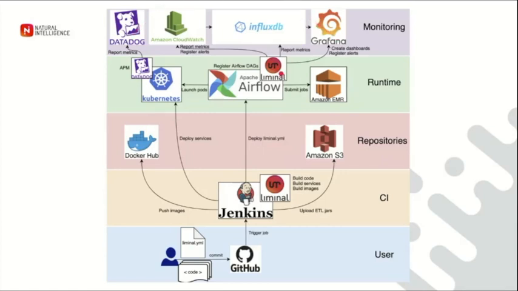In addition to that, for all our data pipelines, Liminal automatically reports metrics and registers alerts to Amazon CloudWatch, reports metrics to InfluxDB, and generates dashboards and alerts on Grafana automatically. Again, without the user having to know any of this, they already get a monitored and alerted service running in production, as well as data pipelines.